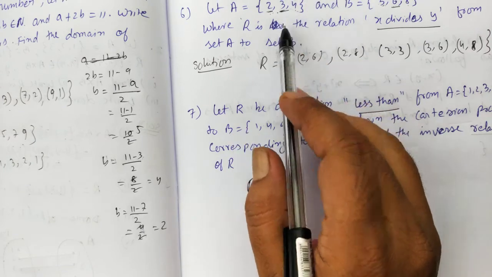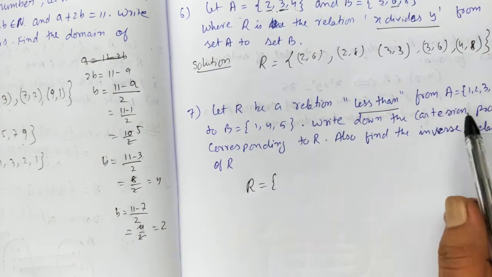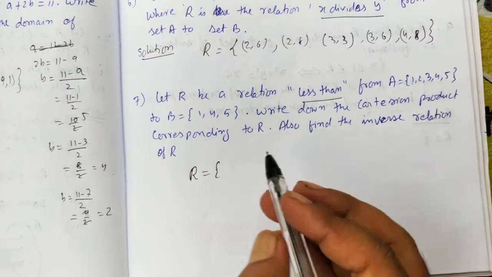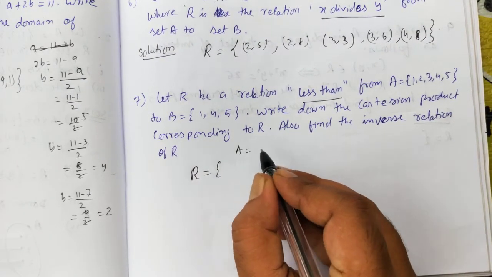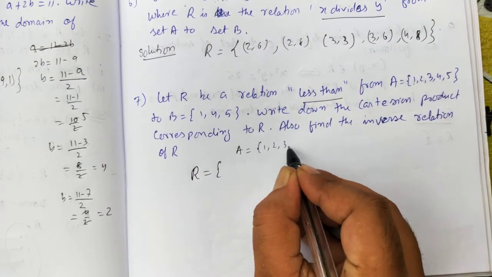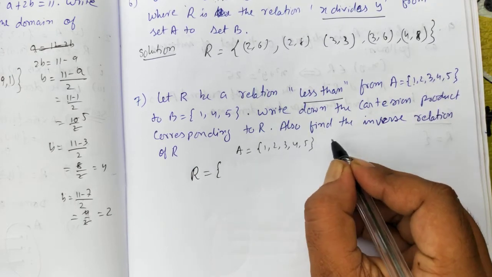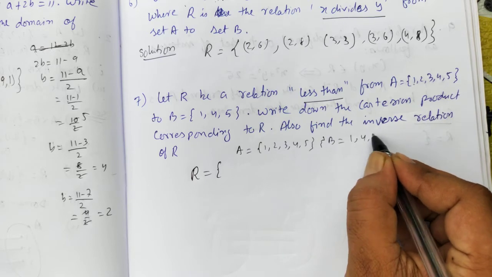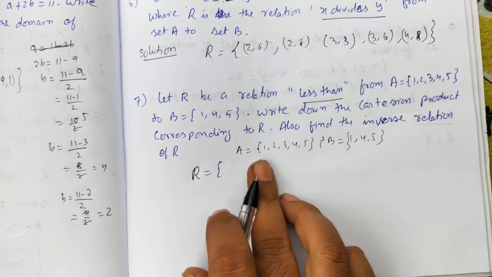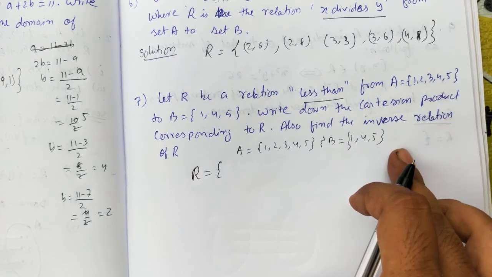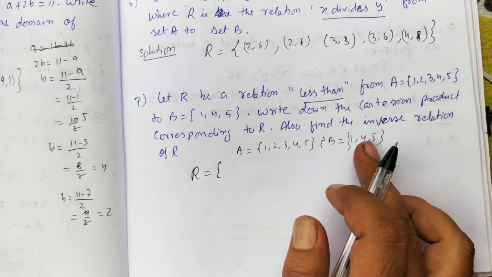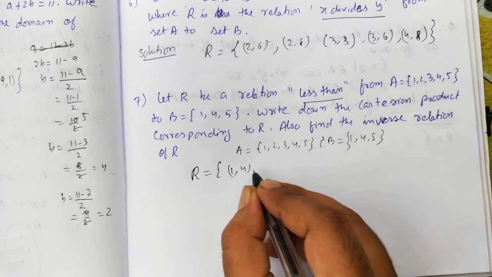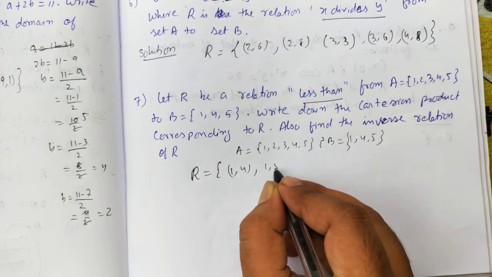So we'll see A and B. I'll just say A is {1, 2, 3, 4, 5} and B is {1, 4, 5}. So we have to see that 1 is less than which number here? So 1 is less than 4, 1 is less than 5.